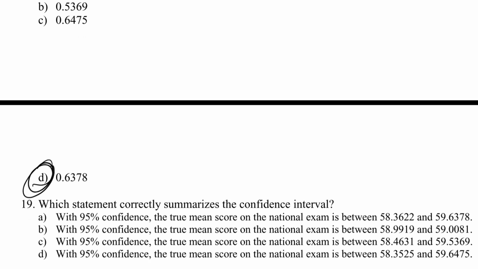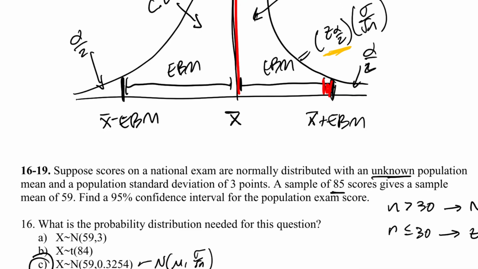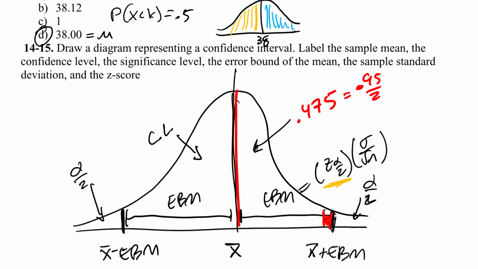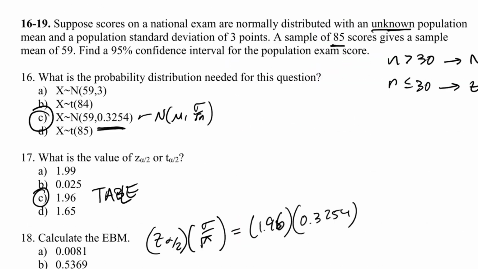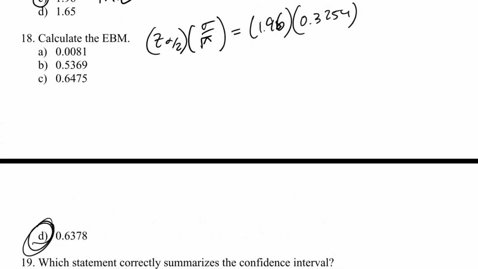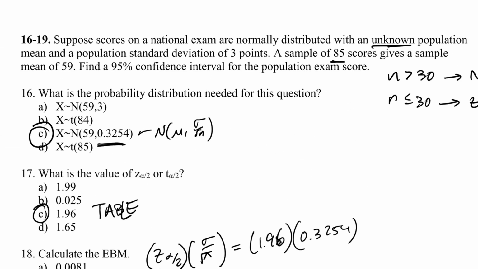Okay, now 19. Which statement summarizes our confidence interval? We want to say with 95% confidence, the true mean score on the exam, so all of them are the same so far. We're just changing the numbers here. Looking at my picture, I need to go plus the EBM, minus the EBM. My mean was 59.